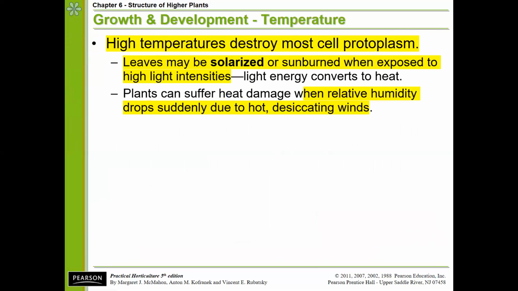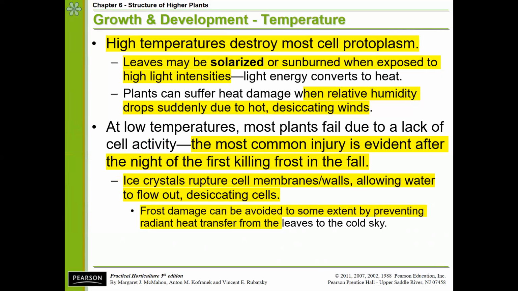There is a limit, though, on high temperatures. Of course, high temperatures can be bad as well. There's a maximum temperature for plants, and above that temperature, we have destruction of cell protoplasm. And we can get solarized or sunburned leaves, especially heat damage when we have relative humidity dropping and we have drying winds.